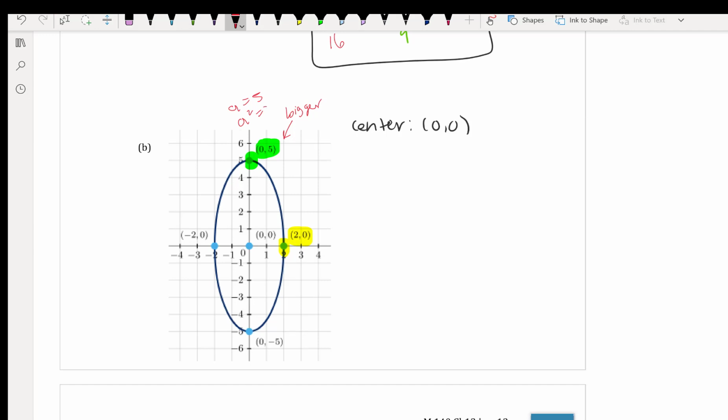So a squared is equal to 25, which then tells me that my b value is equal to 2. So then b squared would equal 4. And remember, the general term that I'm going to have is x squared plus my y squared equal to 1. And since it's longer along the y-axis, that's where the a squared is going to belong.